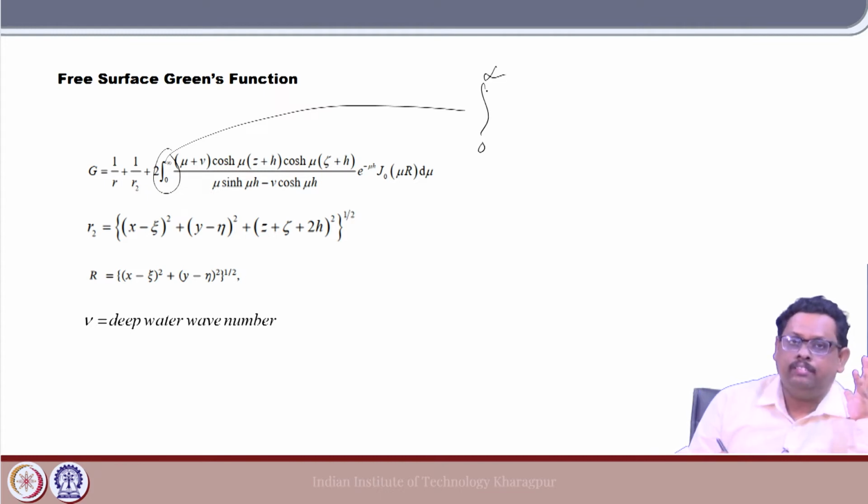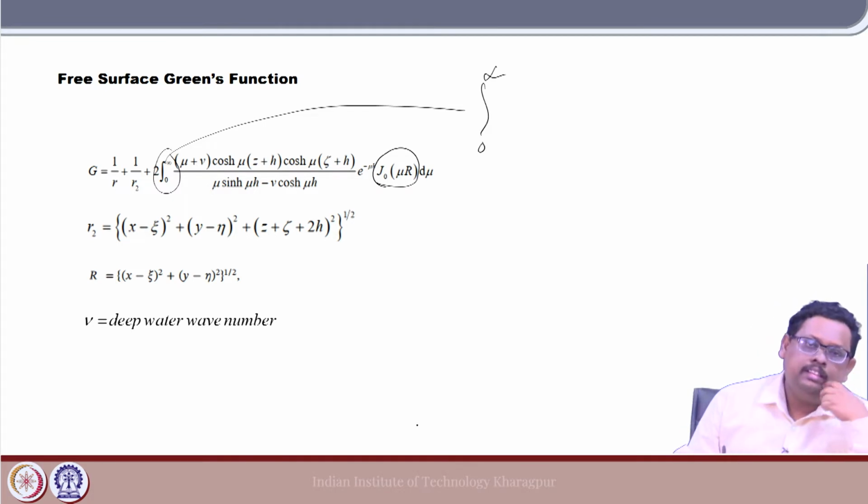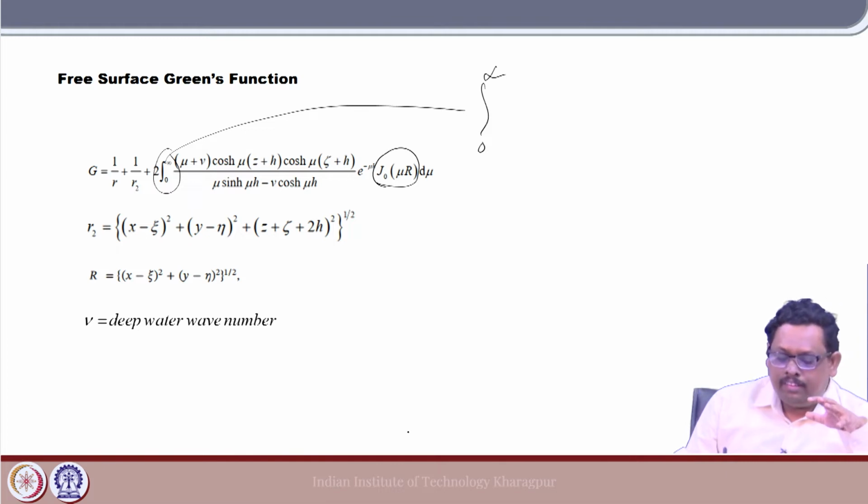Also you have a Bessel function here, which itself is an infinite series. So we have an improper integral equation together with a Bessel function, which is again an infinite function. So the solution is not easy.